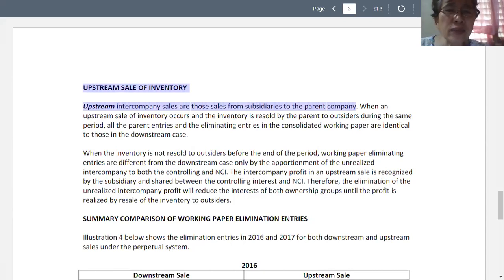When the inventory is not resold to outsiders before the end of the period, working paper eliminating entries are different from the downstream case only by the apportionment of the unrealized intercompany profit to both the controlling and non-controlling interest.